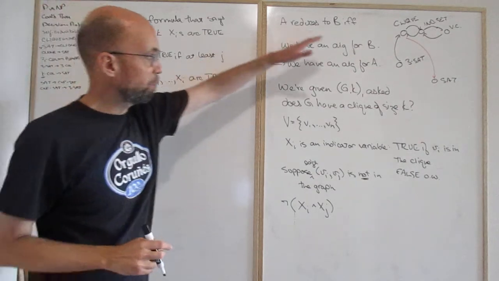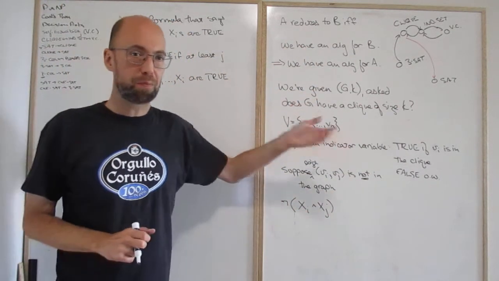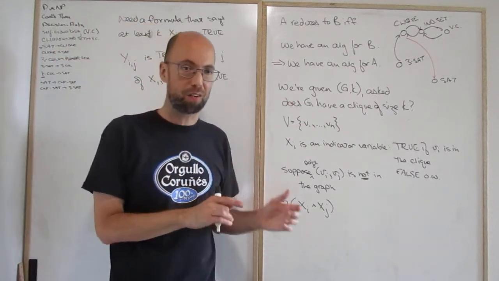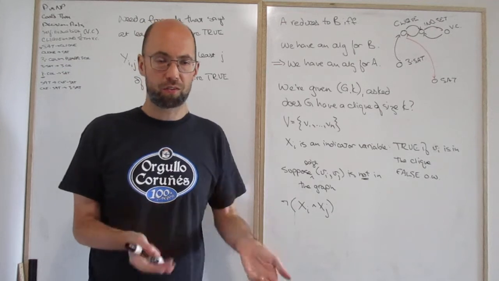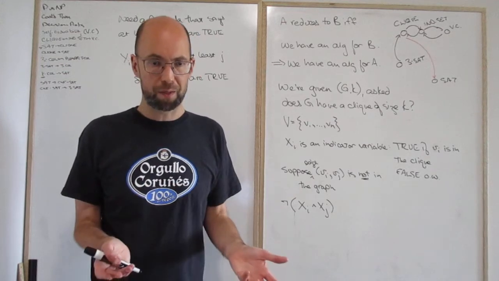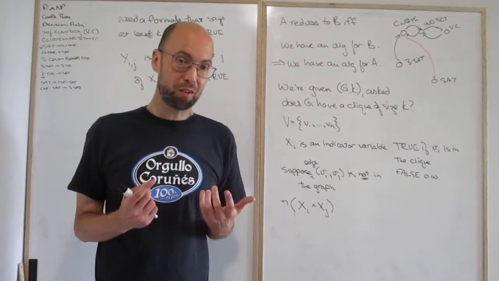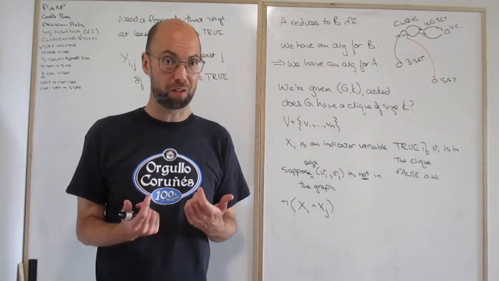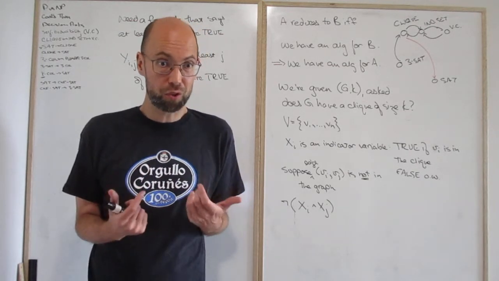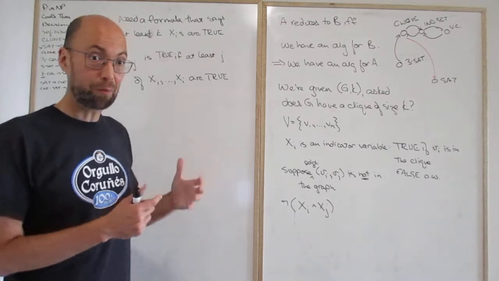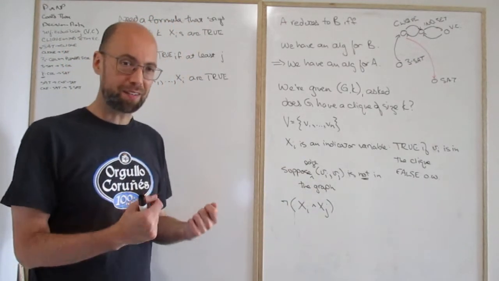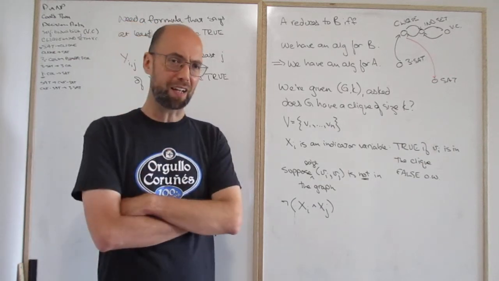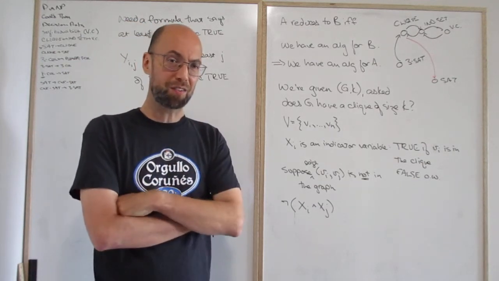Actually, I have to say, people usually don't go through this, because usually you get Cook's theorem and then people say, well, you don't have to do this. Clique reduces to sat because of Cook's theorem. But I think it's easier for you to understand why Cook's theorem is true if you see that we can take clique and we can write the formula. Because after you've done this a couple of times, you get the feeling, yeah, Boolean formulas are pretty powerful.